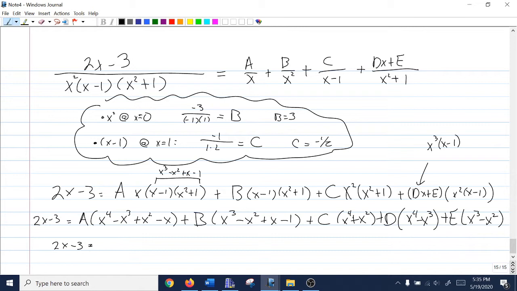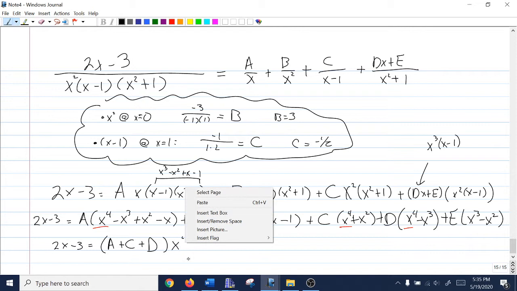2x minus 3 needs to equal. Let's group together the x to the 4ths. How many x to the 4ths do I have? I have Ax to the 4th, Cx to the 4th, Dx to the 4th. So it's going to be A plus C plus D times x to the 4th. I'm going to shrink that in because I'm not going to have a ton of space on this line. Cool.